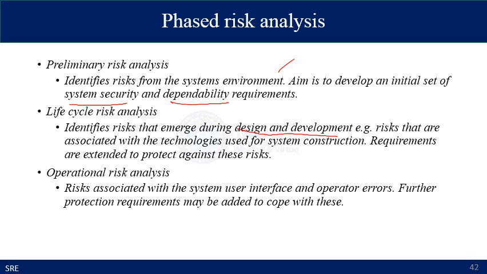For example, the risks associated with the technologies used for the system construction; requirements are extended to protect against these risks. The final risk analysis can be done at the operational level, in which the risks are associated with the system user interfaces and operator errors. Further protection requirements may be added to cope with these kinds of risks.